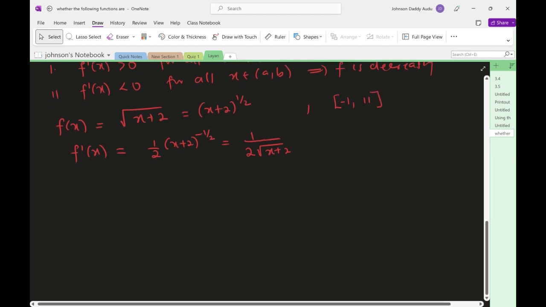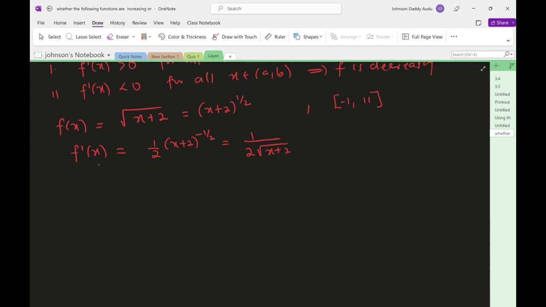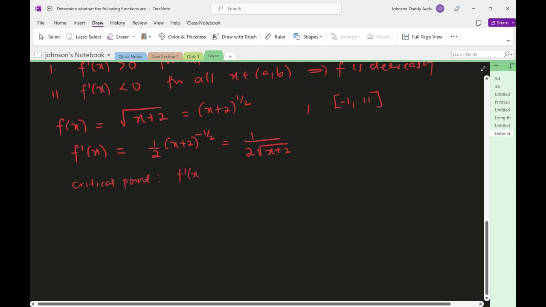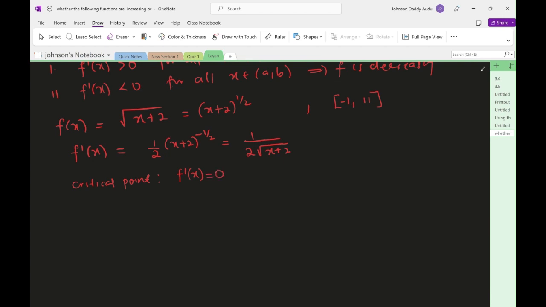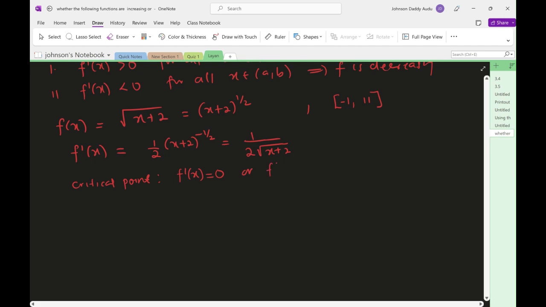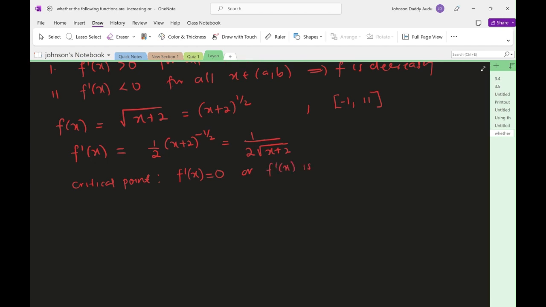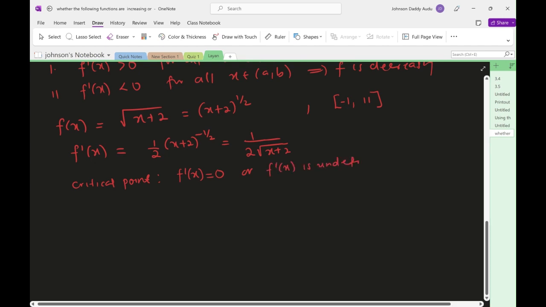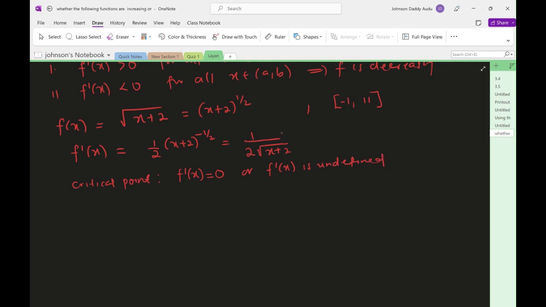So the first thing you can do is to find the critical point. Critical point means where f prime is equal to 0 or f prime is undefined.